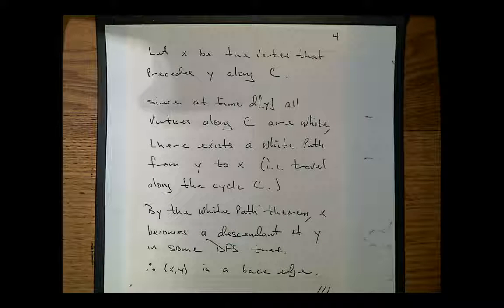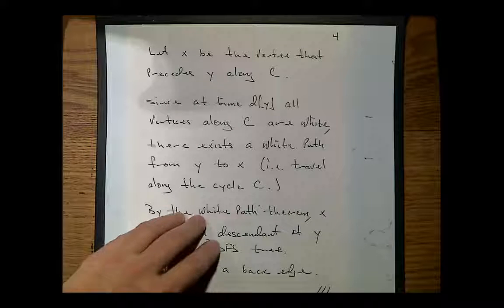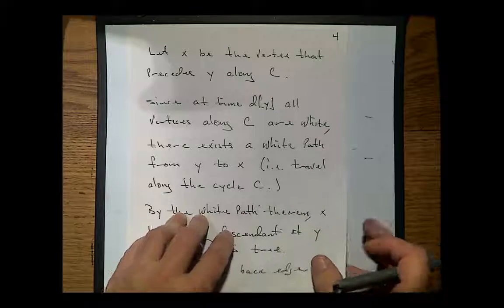Sometimes I just ask, state the white path theorem, and then prove this direction only. Well, I'm going to drop it at that. But this proves conclusively that DFS is good for something in digraphs too.